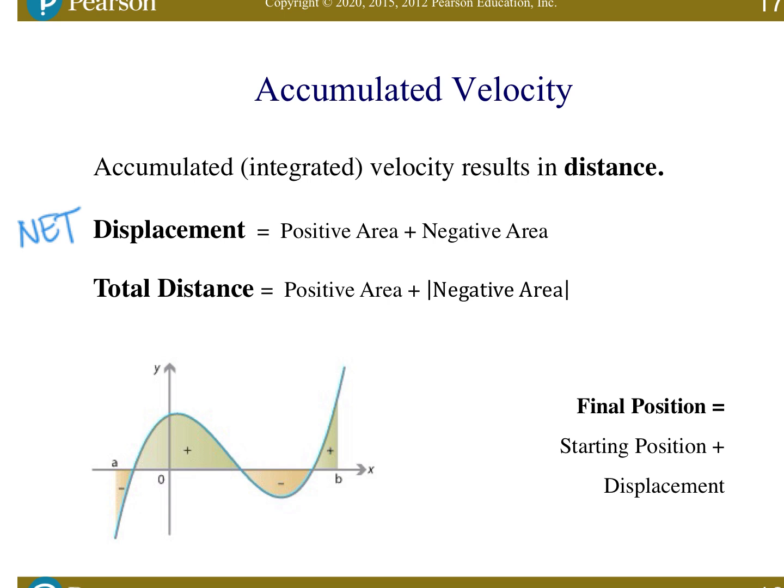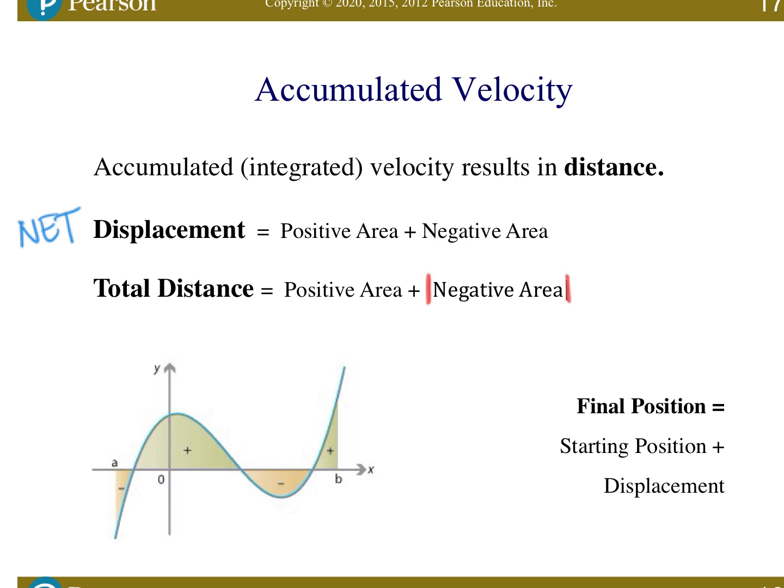Your net is 0, but trust me, those 2 minutes were a long burn as you're out there running, as opposed to total distance. For total distance, we need to make sure that we have the absolute values around anything that is negative.